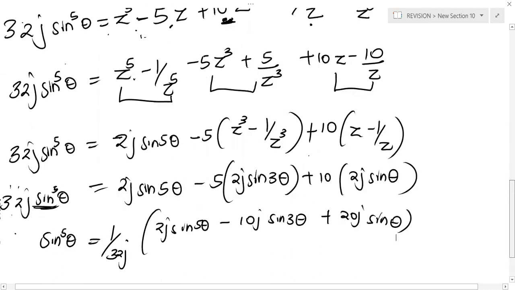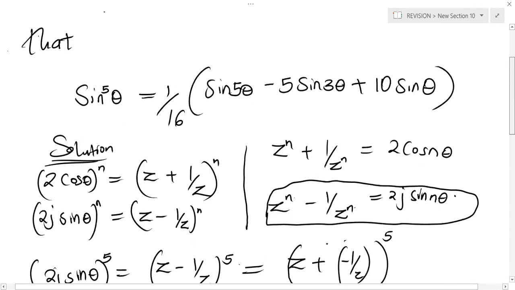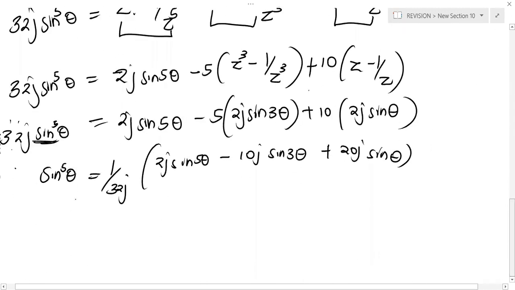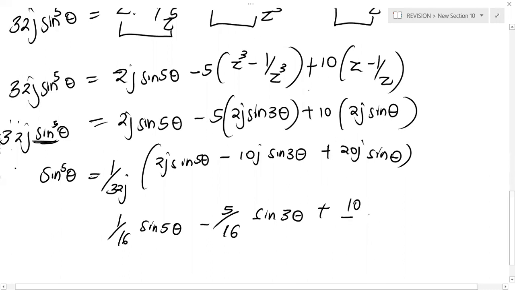So I want to look at what we had. We were told to prove that it is equal to, so we're supposed to leave 1 over 16 outside. So if you open this bracket, you will have here 1 over 16 sine of 5 theta minus, if you cancel j and j, this will give you 5/16 sine of 3 theta, and then plus, j and j cancels out, you have 10/16 sine theta.